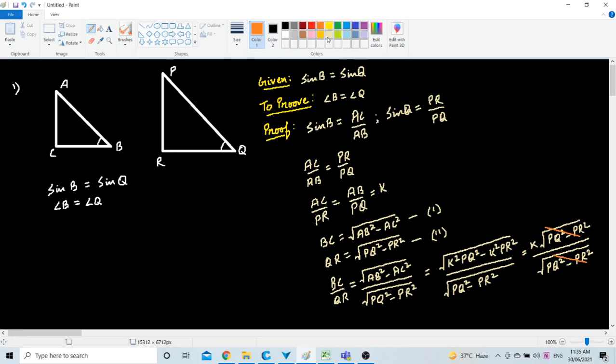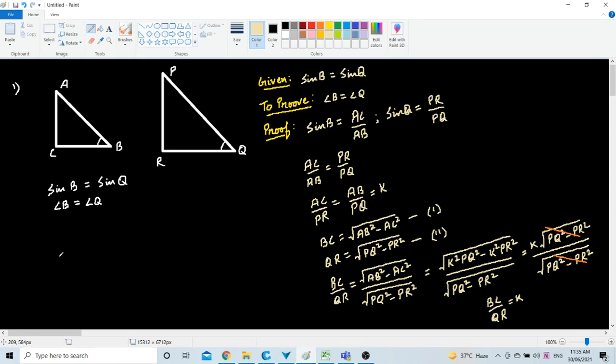and ultimately you will get that BC upon QR is equal to K, and we have already seen that this K is actually equal to AC upon PR, which is equal to AB upon PQ.